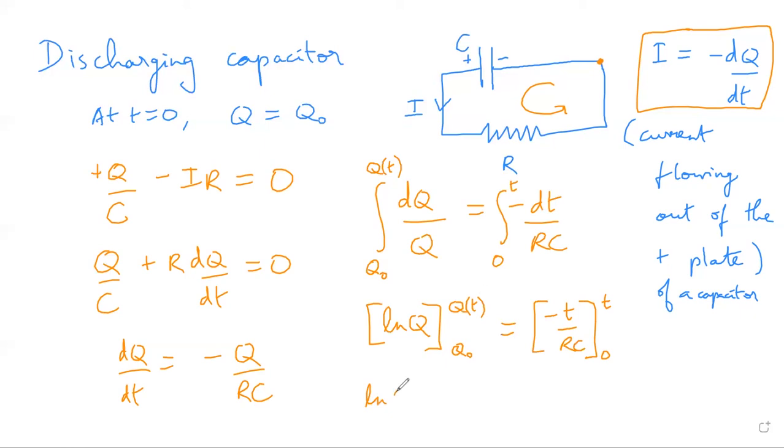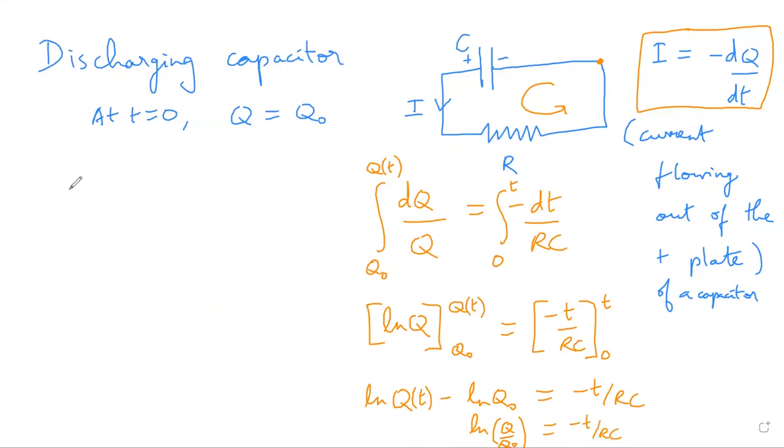Again, on the left-hand side, we have log of Q of t minus log of Q0 is equal to minus t over RC. Log A minus log B is the log of the ratio. So we have log of Q over Q naught is equal to minus t over RC. We take the exponential of both sides to get rid of the natural log.